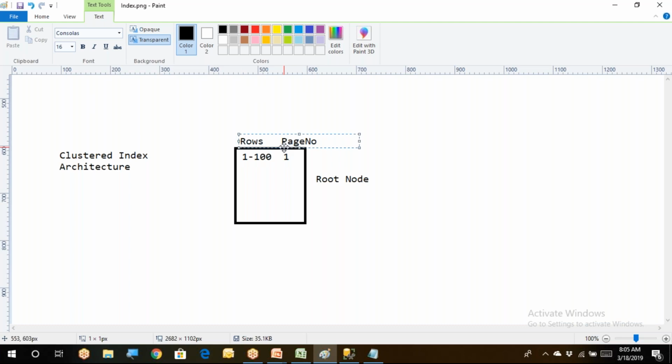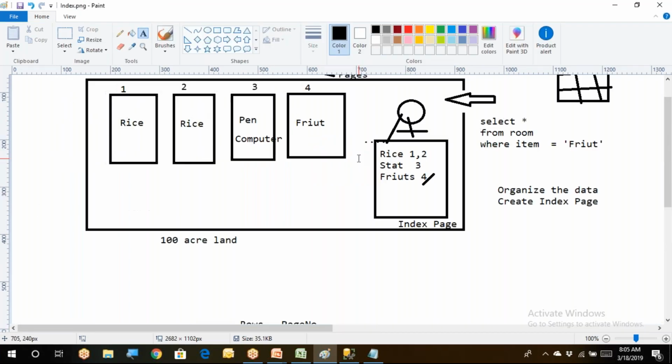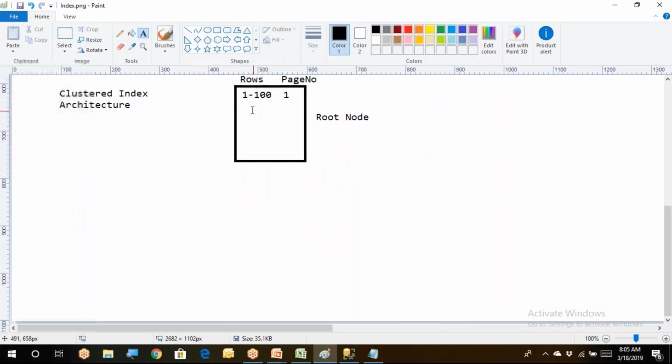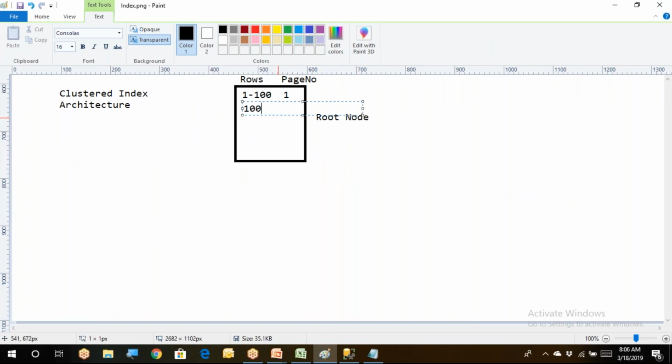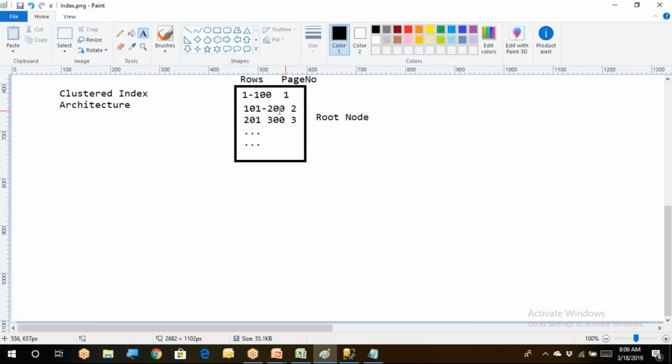Now 101 to 200 is available in page number 2. Then, let us say, 201 to 300 is available in page number 3. That is how the root node is going to contain some information: the page numbers and rows, 1 to 100, 101 to 200, something like this.